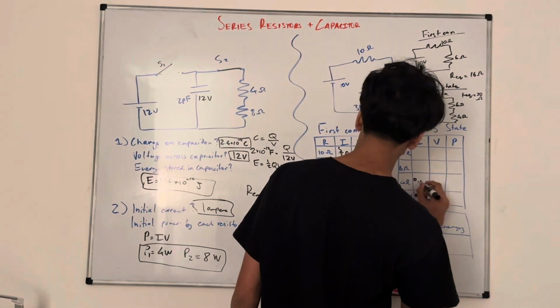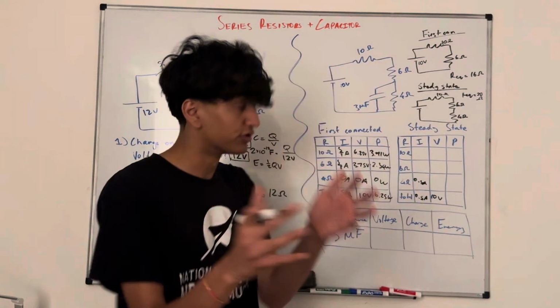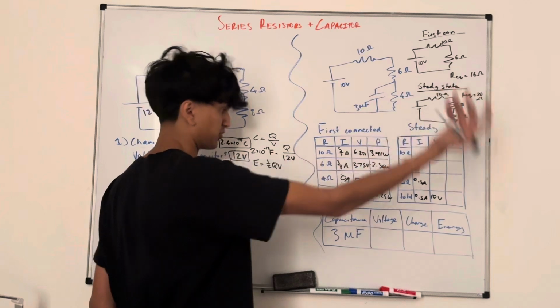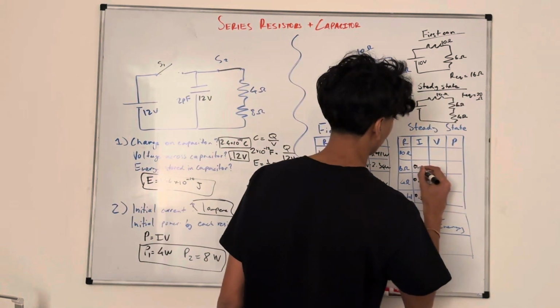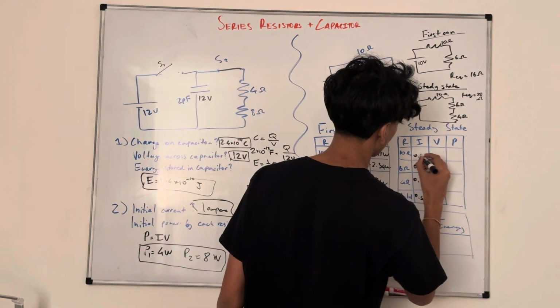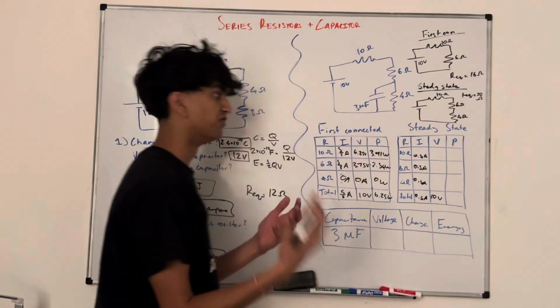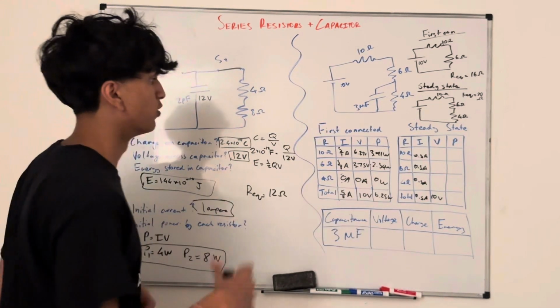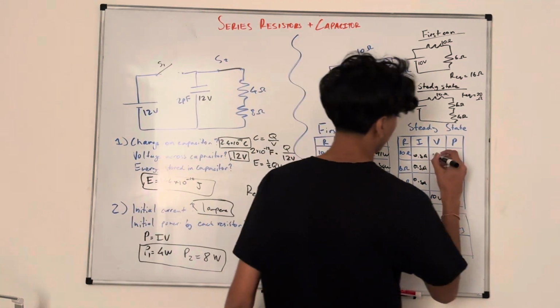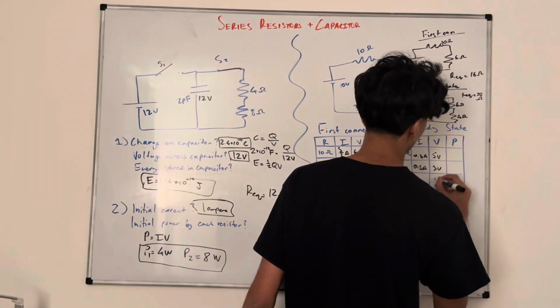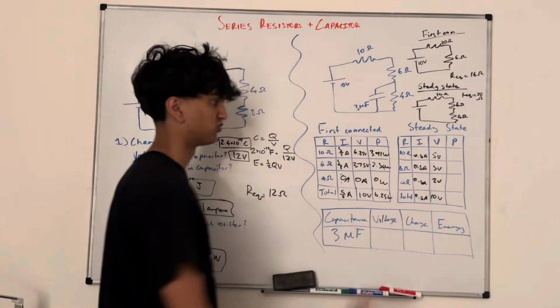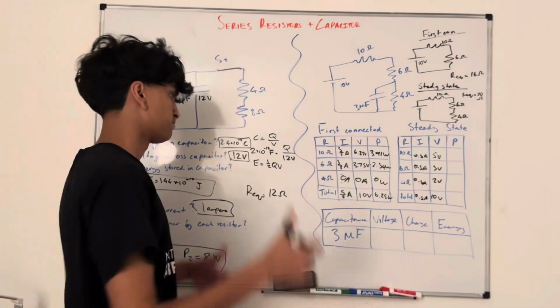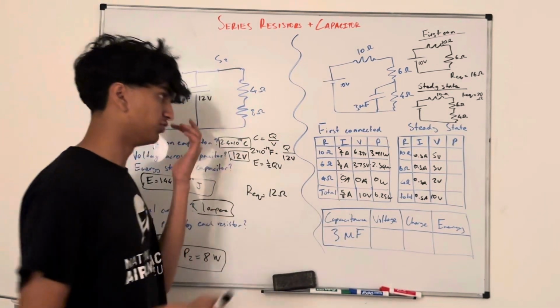Still in series, so everything, because we're including all 3 resistors, everything has 0.5 amps going through it. The voltage is just I times R because of Ohm's law. So 0.5 times 10, 5 volts, and then 3 volts, and then 2 volts. I'm just halving the resistance really, because 0.5 times 4 is 2, that kind of thing.